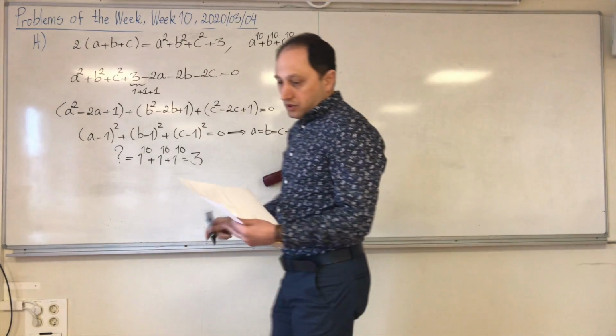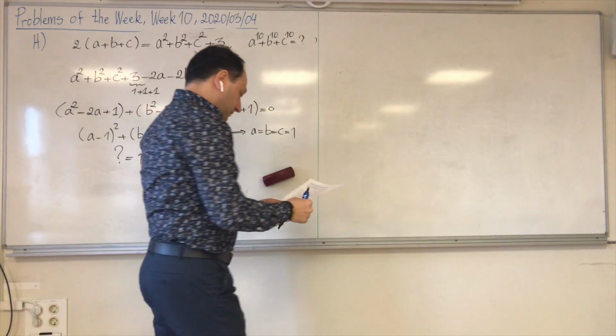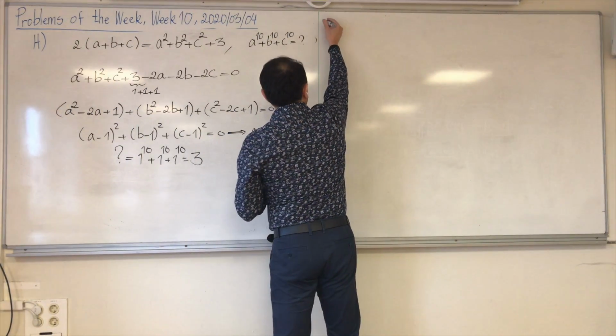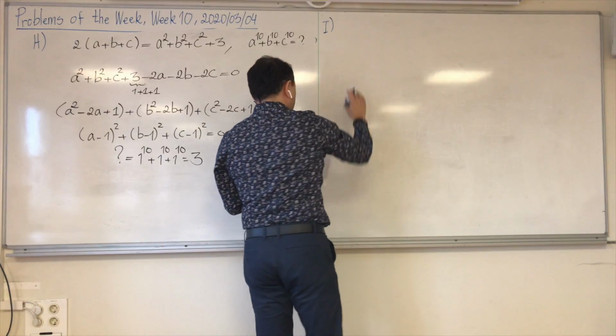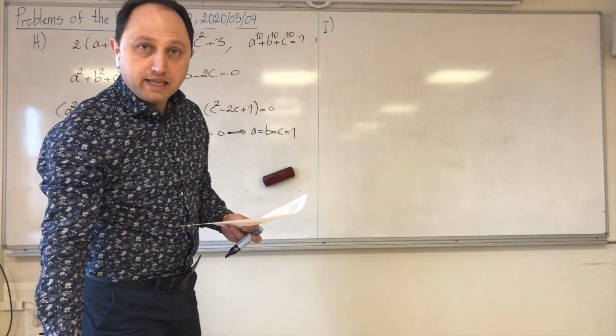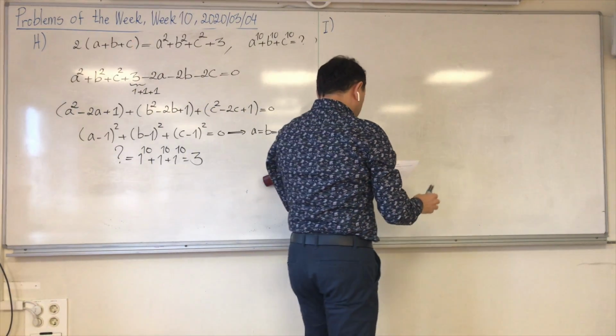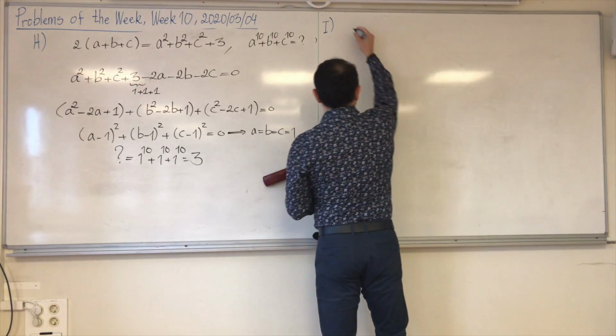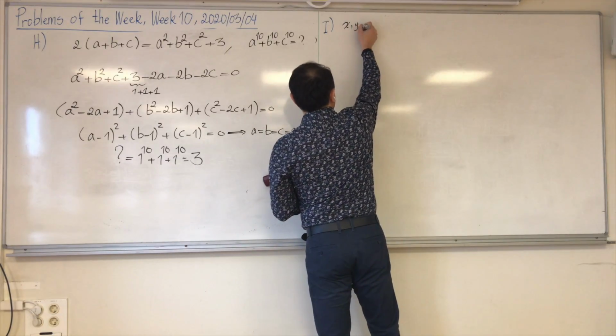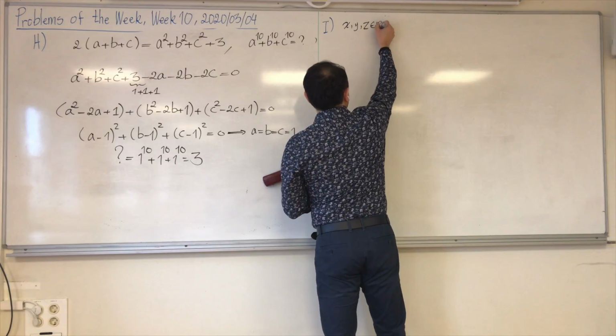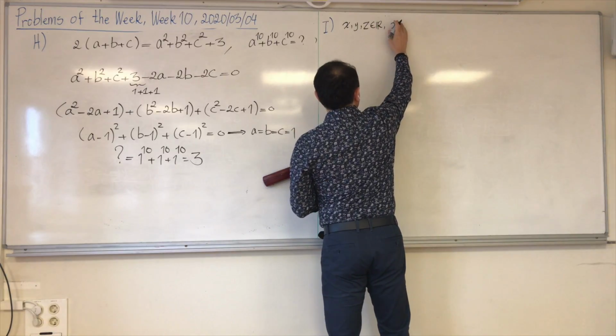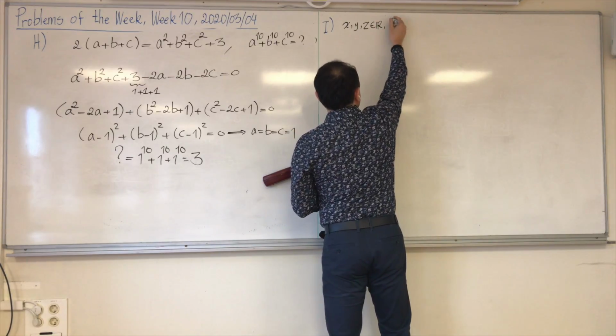Okay, so I go to problem I. This is more interesting. X, Y, and Z are given positive real numbers. And of course, it is mentioned that all of them are positive.